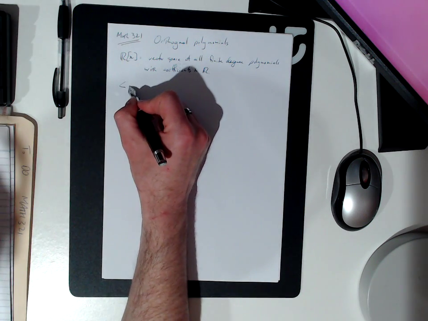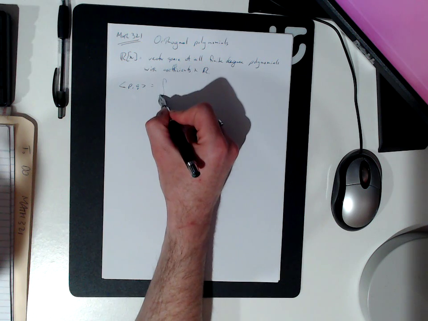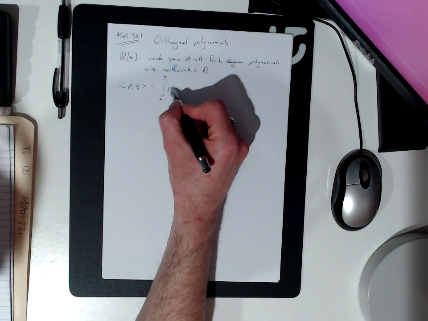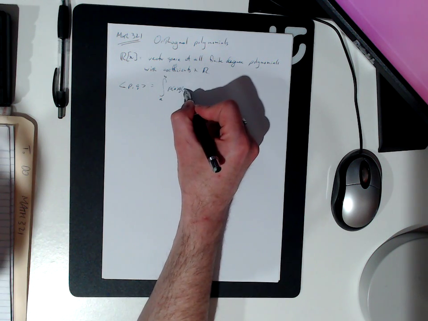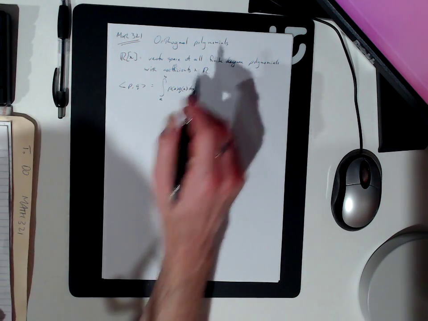I'm going to define an inner product on this vector space. And you can check that this satisfies the axioms for an inner product.